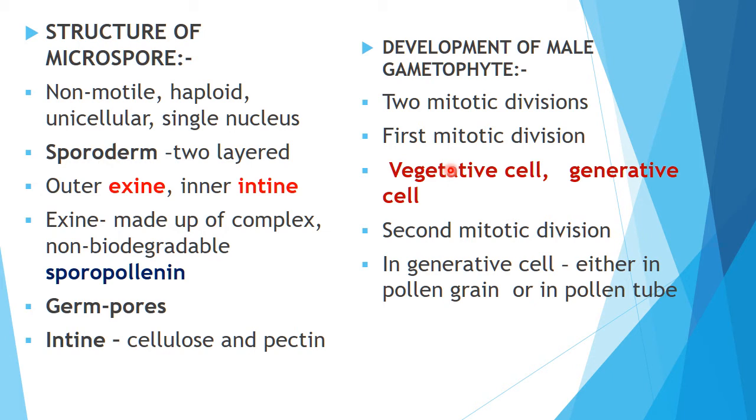The generative cell is small in size, with a large nucleus, but the cell is comparatively smaller than the vegetative cell, and it floats in the cytoplasm of the vegetative cell. This way a two-celled structure is formed by the first mitotic division.